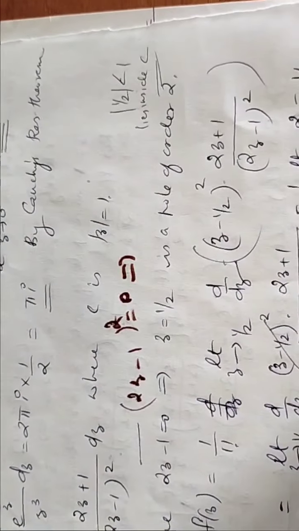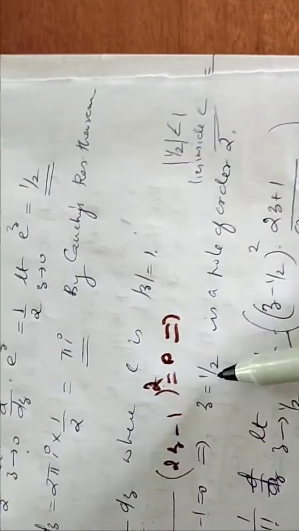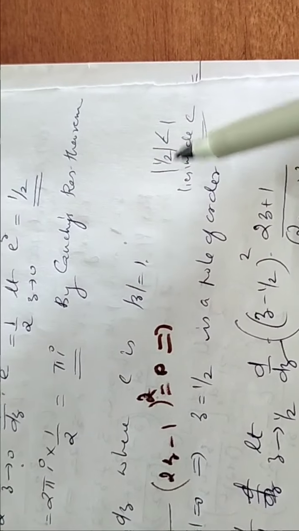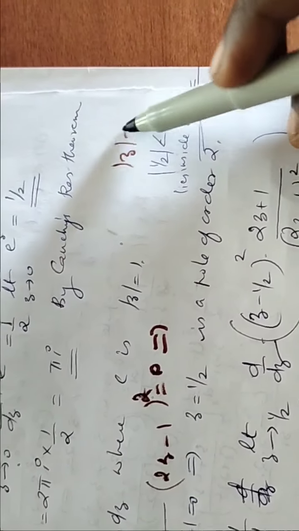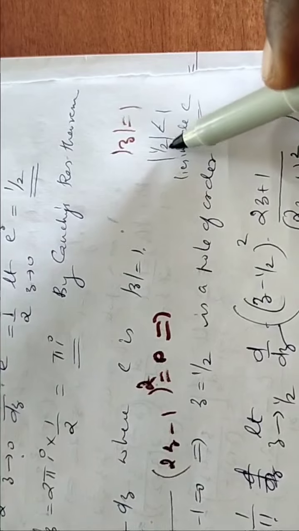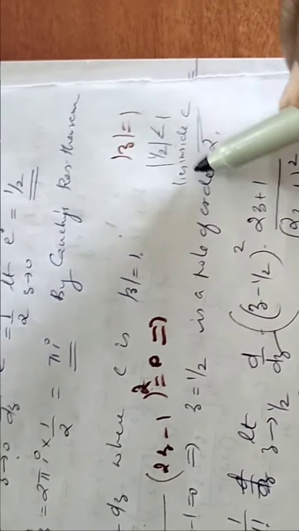So what is z? z is 1/2. 1/2 is a pole of order 2. Then find whether this point lies inside C or outside C. |z| is 1, and |1/2| = 1/2 is less than 1, so this lies inside C.